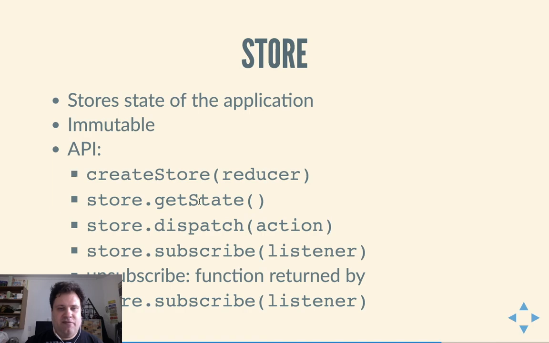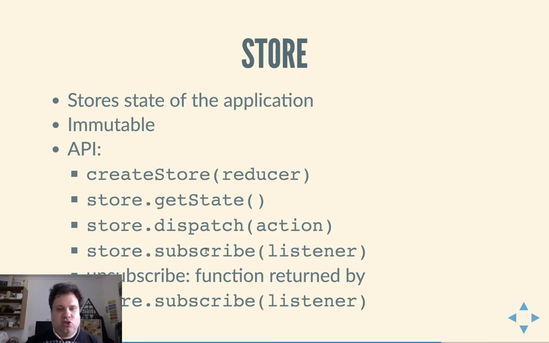The first is getState, which returns the entire state of the application. The other is store.dispatch, to which we pass an action object. And store.dispatch is actually going to dispatch this action to the store, thus triggering a state change, a state transition in our application.